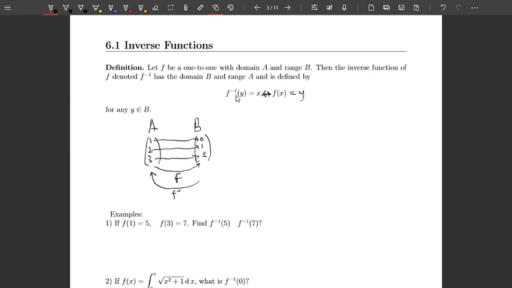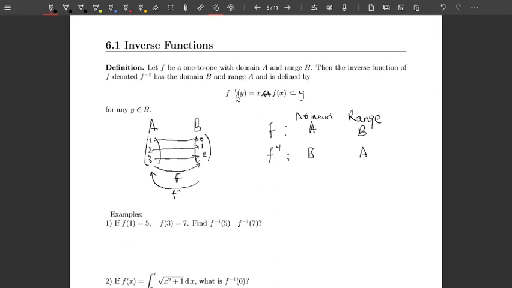So if I have a function f, the domain of f is A and the range of f is B. If f is one-to-one, it has an inverse defined above, and the inverse has domain B and range A. We'll see how this works graphically later on.